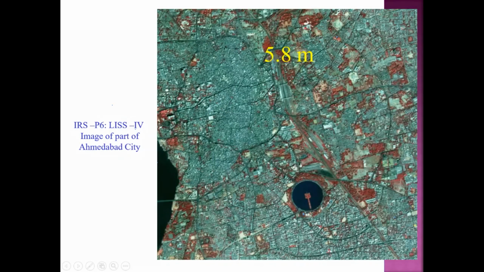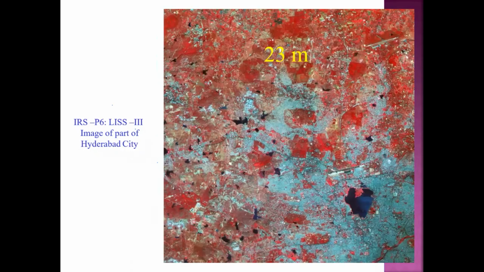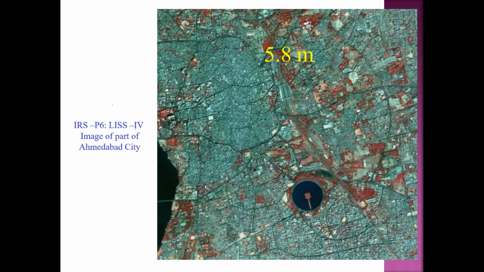Why? Because it can discretely distinguish between two objects at a distance of 5.8 meter. Up to 5.8 meter it can distinguish, but in LISS 3, only up to 23.5 meter it can distinguish. So obviously the highest resolution is in LISS 4.